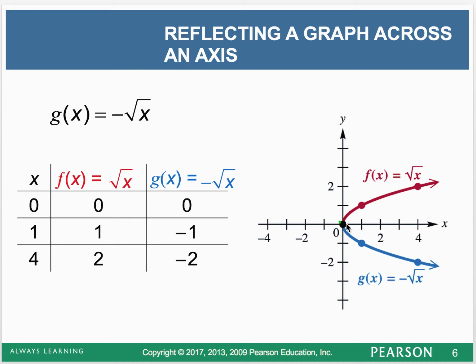So I would quickly get these points right here, because square root of 0 is 0, square root of 1 is 1, square root of 2, square root of 3, square root of 4 is 2. And I know my shape looks like this. Okay, so then I just look at every y value, and because this y is 2, I would make the y -2. This y is 1, I'd make the y -1. Negative 0 is still 0, and then I know the shape.